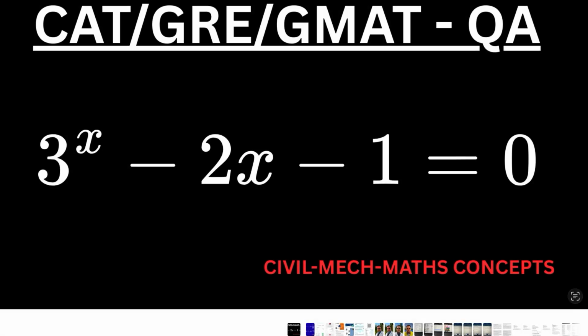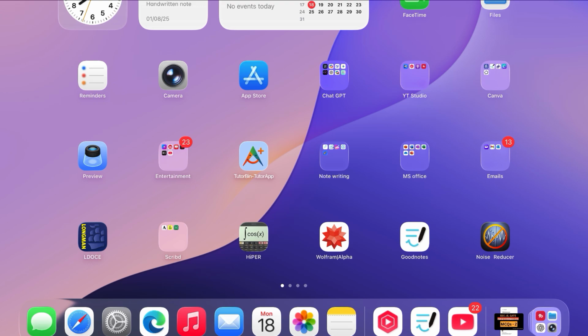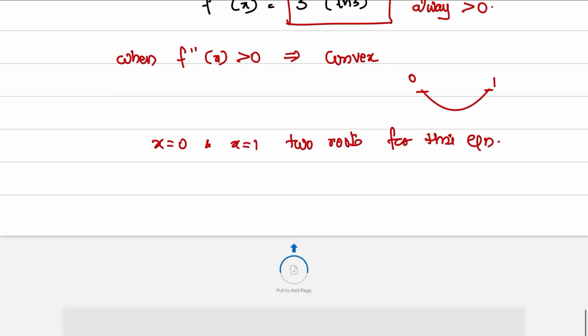Now in this question we have used the concepts. One is exponential equation with variable as exponent.